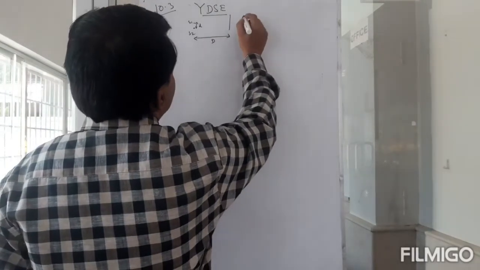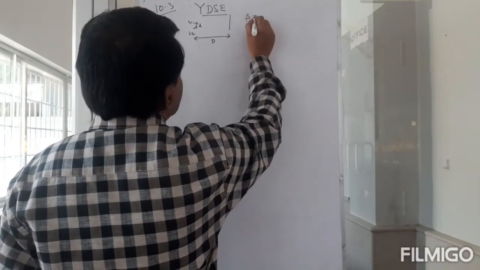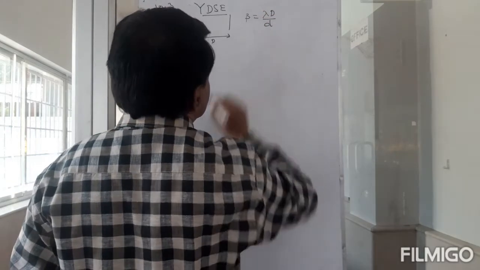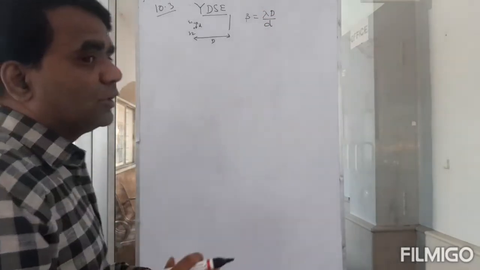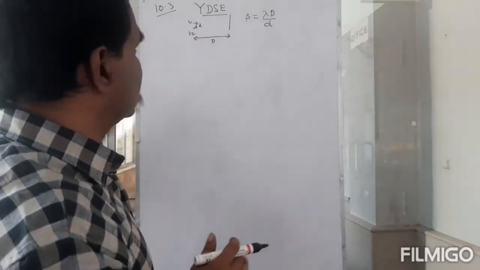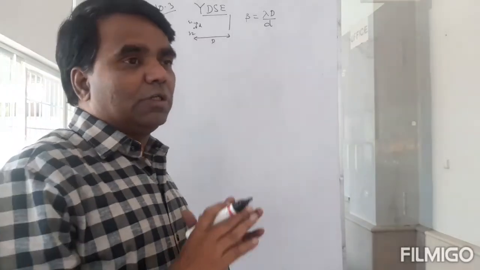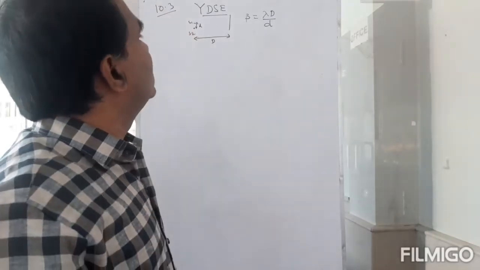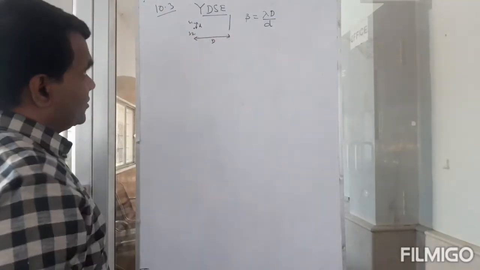The fringe width beta is given by lambda D by d. So the fringe width will increase as the distance increases, and fringe width will also increase as the separation decreases between the slits. So this is the expression. So what are they given?